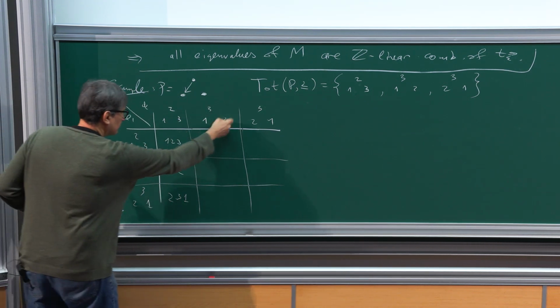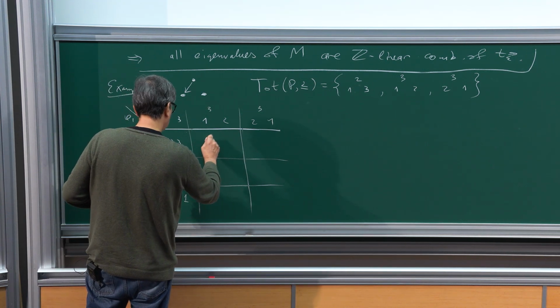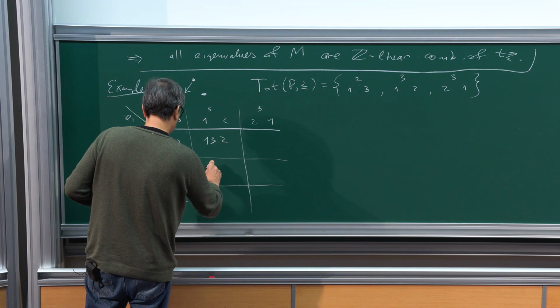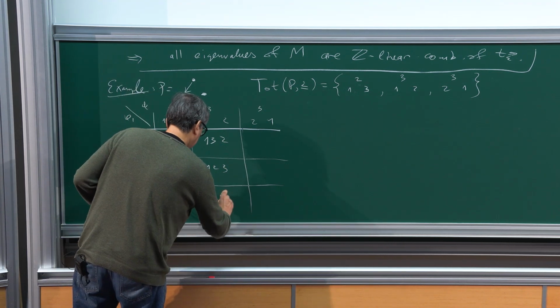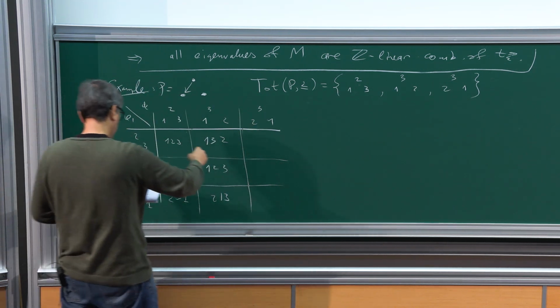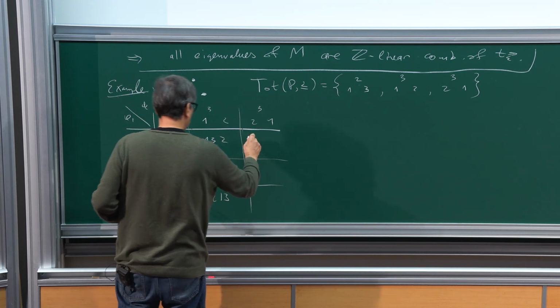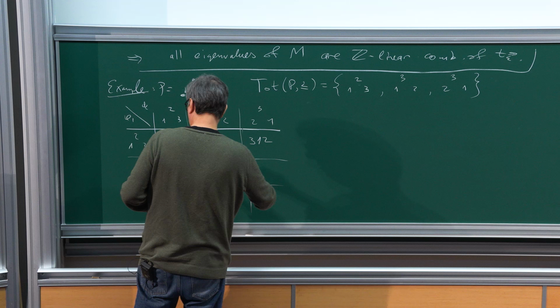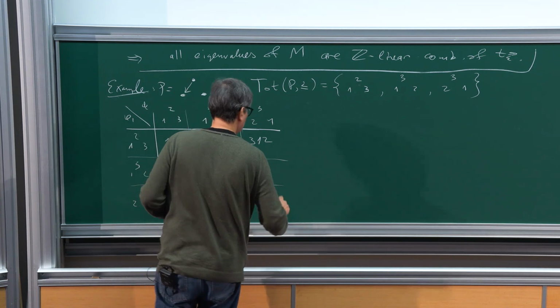Now I go to this order: 1, 3, 2; 1, 2, 3; and 2, 1, 3. And now this order: 3, 1, 2; 2, 1, 3; 1, 2, 3.